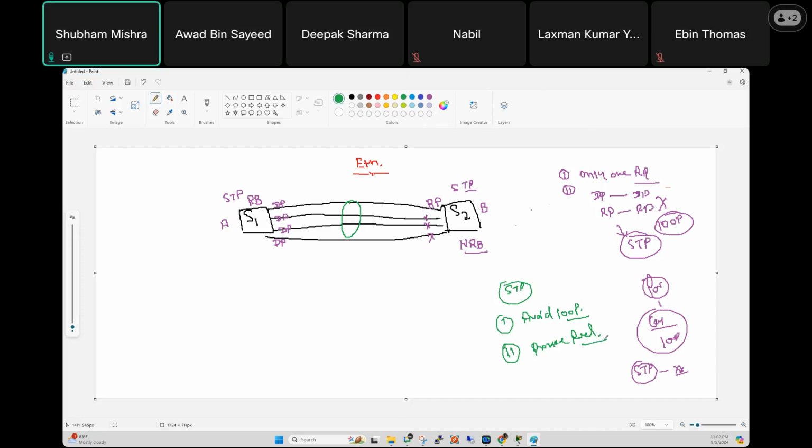Redundancy. Getting my point, everyone? Yes or no? So here this port will become the root port and all the other ports will become non-root ports, or you can say blocking ports or alternate ports. Clear, everyone?